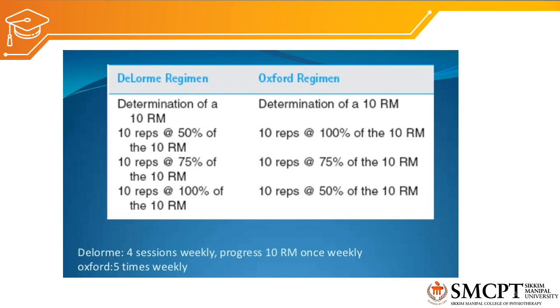So in the first set, the patient will contract the quadriceps 10 times using only 50% of the 10 repetition maximum load. That is, 50% of 20 kg will be 10 kg. In the second set, the patient will use 75% of the 10 repetition maximum load. That is 75% of 20 kg, which would be 15 kg.